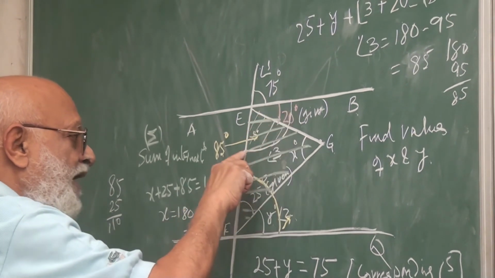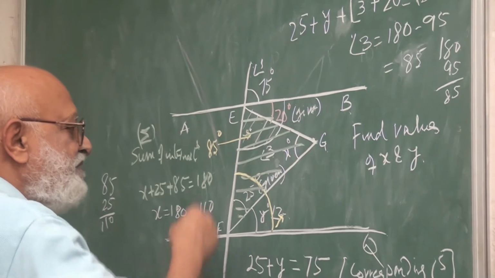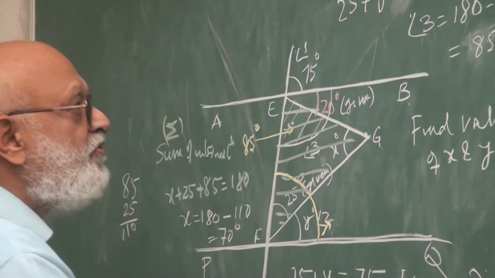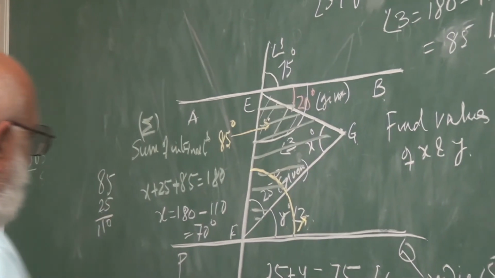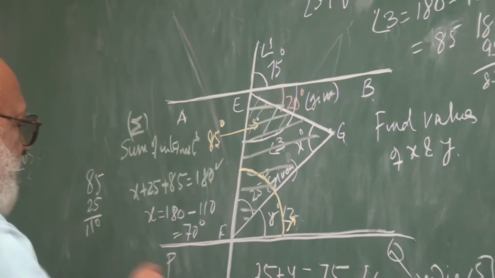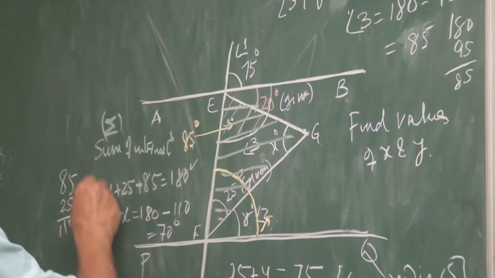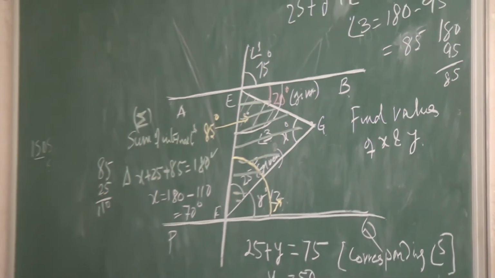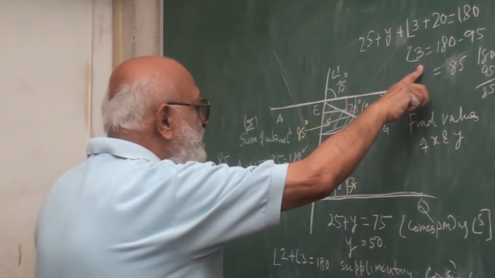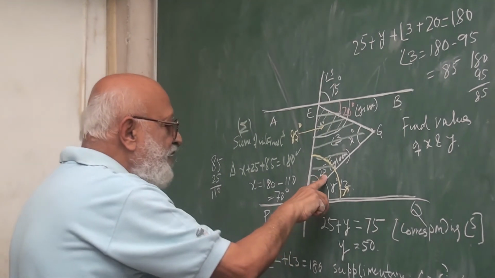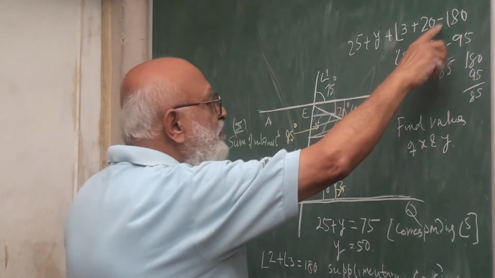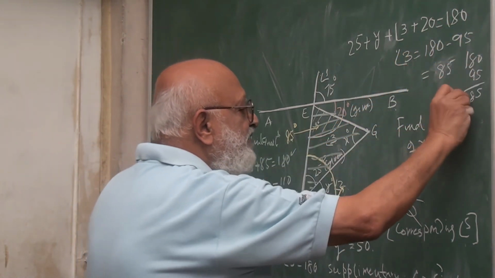So this whole angle, which we call angle 3, plus this whole angle, angle 2, is equal to 180 degrees. So we said 25 plus y plus angle 3 plus 20 is equal to 180, from where we got 85.